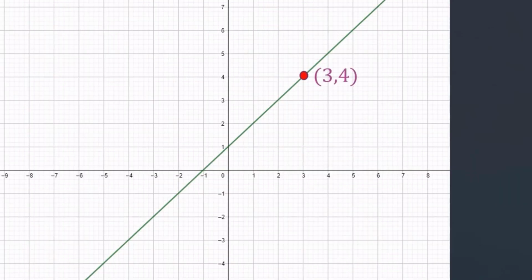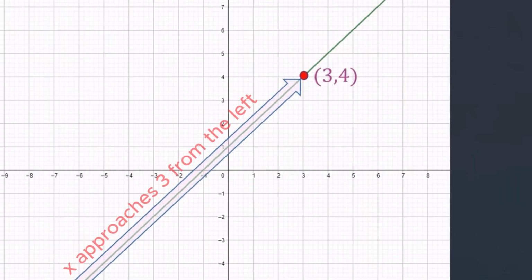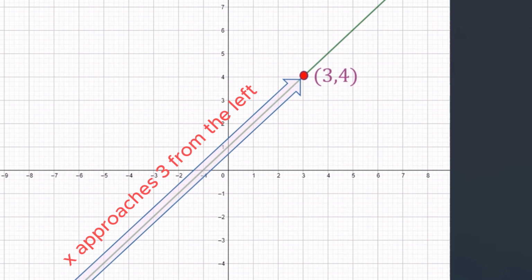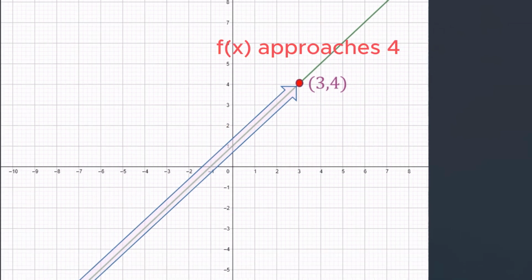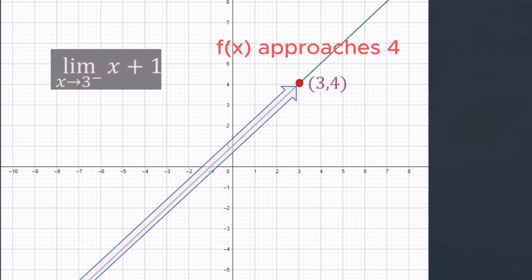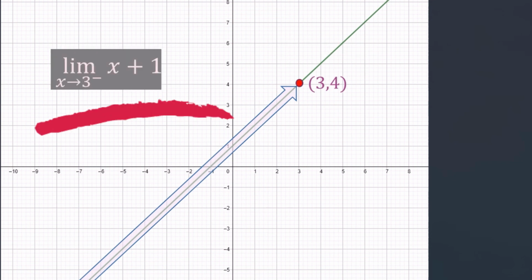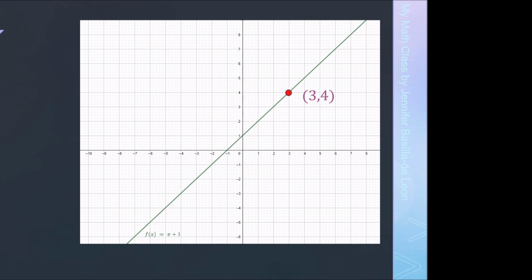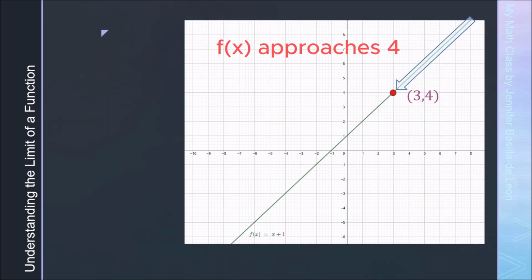Take a look at the arrow as x approaches 3 from the left. The function f of x approaches 4. In symbols, this is the limit of x plus 1 as x approaches 3 from the left equals 4. On the other hand, as x approaches 3 from the right, take note that the function also approaches 4.